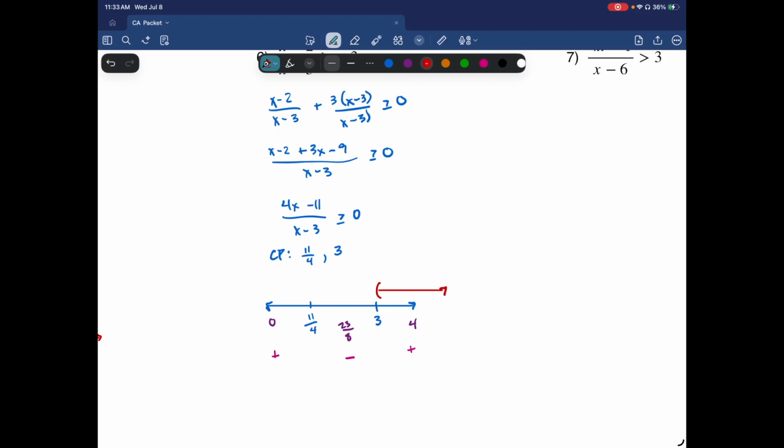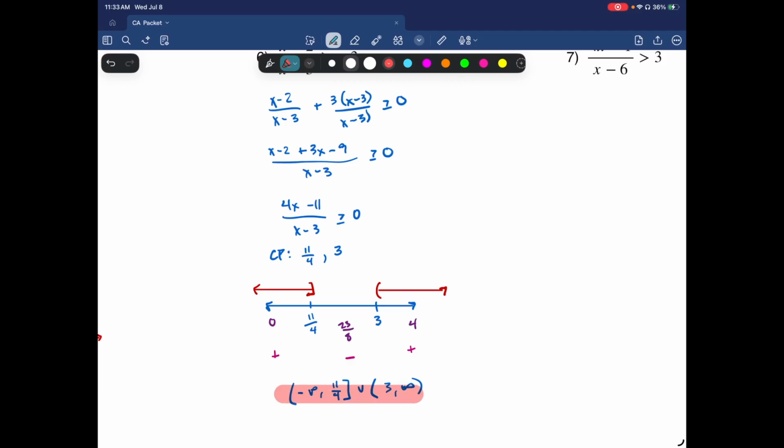I can't let it be 3 because it's going to make the bottom 0, but I can let it be 11 over 4. So the 11 over 4 gets a bracket. All right, so I got negative infinity to 11 over 4, bracket, union, parentheses, 3 to infinity.